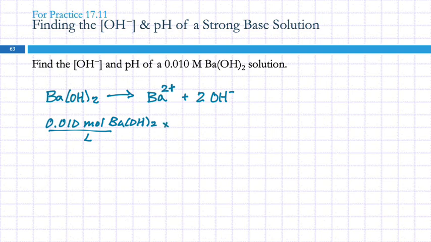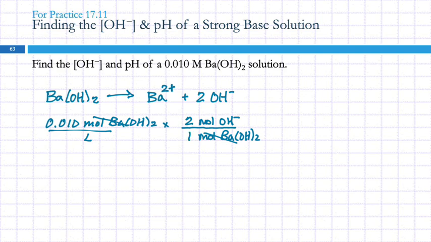So you could view this as a stoichiometry problem. I have moles of this, I want moles of that. So I want moles of hydroxide in the numerator, and I want to cancel out my moles of barium hydroxide. And this ratio you can get from the chemical equation. You can also get it from the formula itself, but you have to know to look for that.